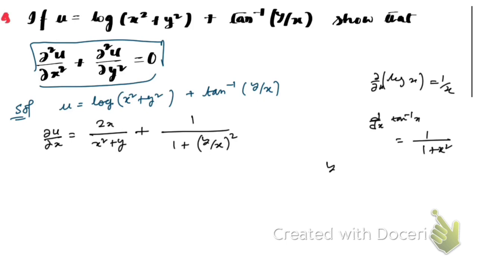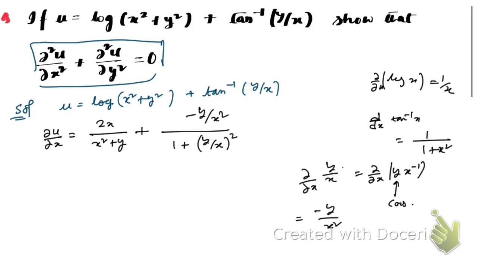So y by x, if you differentiate it with respect to x, then here it should be considered as derivative of y x to the power minus 1. Here y should be taken as constant because we are differentiating partially. So in that case, derivative of x inverse is nothing but minus 1 by x square. So it's going to be minus y by x square, right? So here we're going to write minus y by x square. That's what we have got.